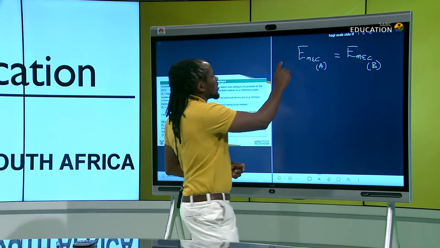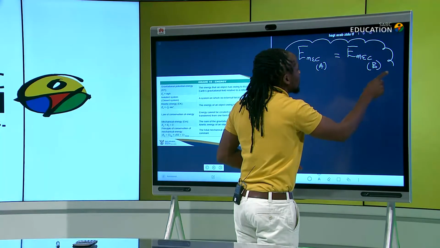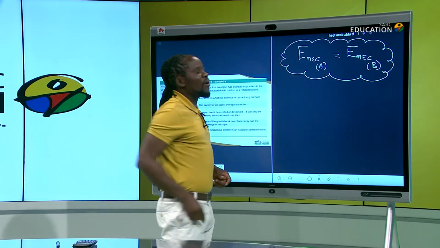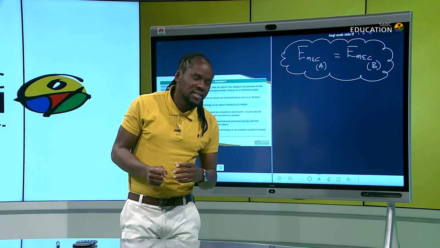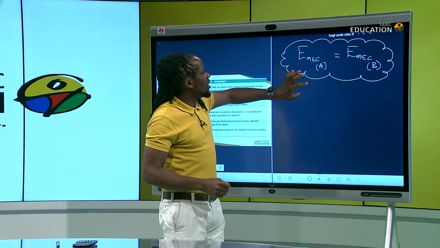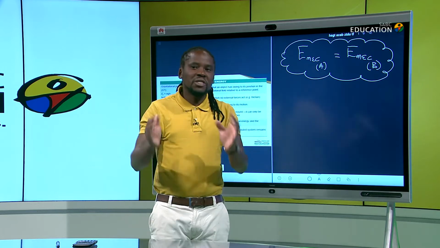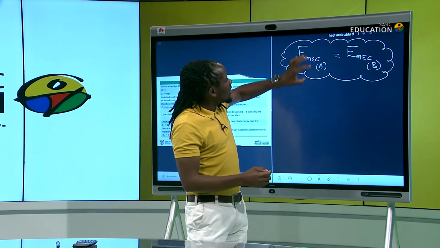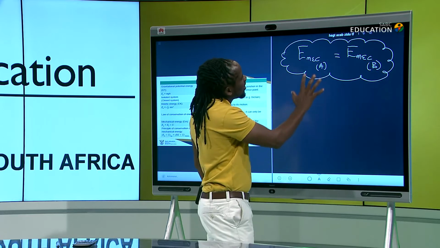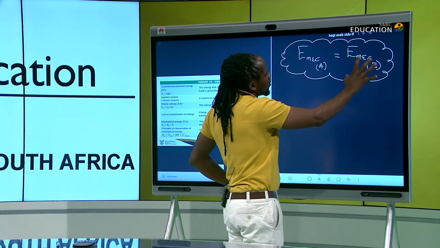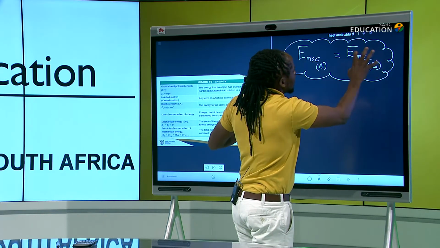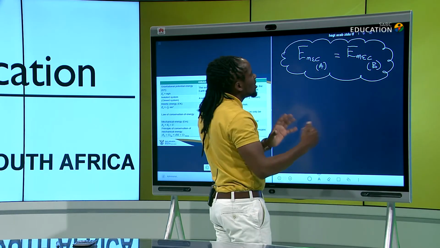This is the mathematical representation of the law of conservation of mechanical energy, saying that the mechanical energy of a single object in a closed system at a given point equals the mechanical energy at another point, as long as it is within a closed system.